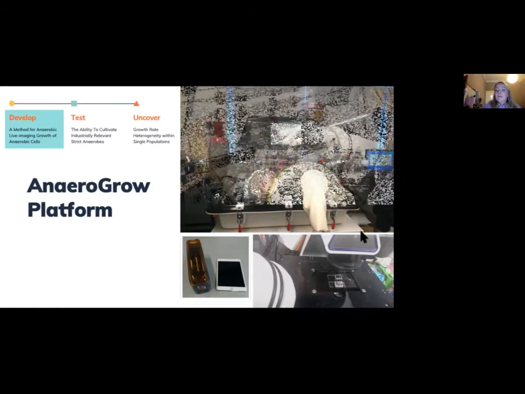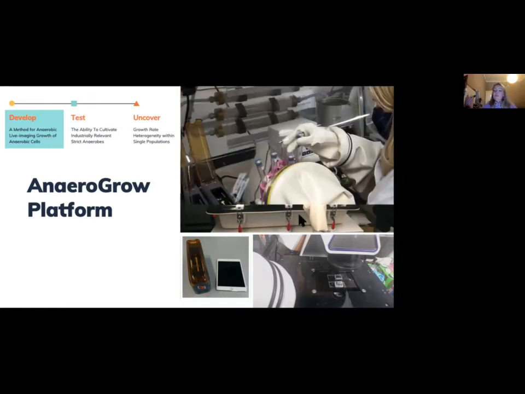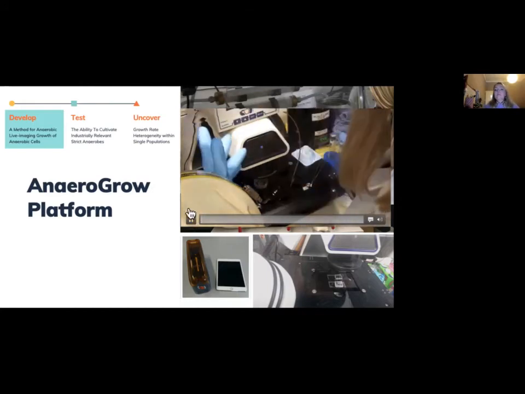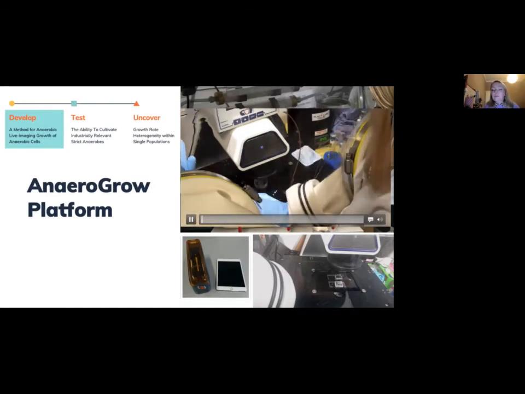So working within the chamber itself is quite challenging, particularly working with really fragile microfluidic devices, where the microfluidic device is mounted onto a really thin cover slip, which is really fragile. This is just an example of working within the chamber.